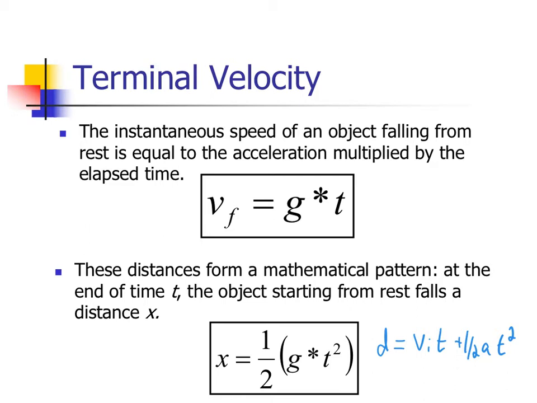As an object is falling towards the ground, it is going to fall at the same rate of gravity. And for our class, we use gravity as 10. Makes the math a little nice.